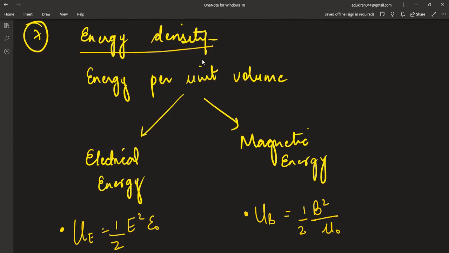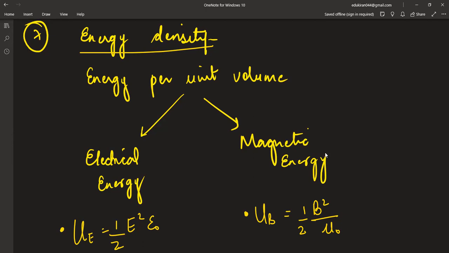Energy density is energy per unit volume. We'll be talking in terms of electrical energy and magnetic energy, which we have already discussed. Electrical energy was covered in chapter 2, when we were talking about capacitors, and magnetic energy in chapter 4.